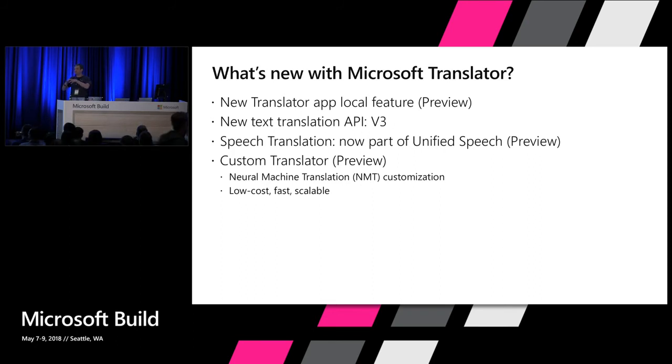Because as soon as you get outside of the generic type of vocabulary, when you start getting into biology, science, technology, business jargon, all the translation models in the world will start failing because we don't have this special acronym, these special sentences that you have built. And Custom Translator will allow you to build your own model based on your own translated data.